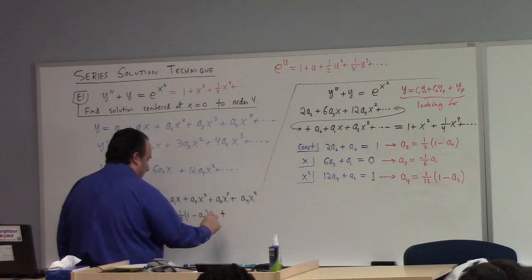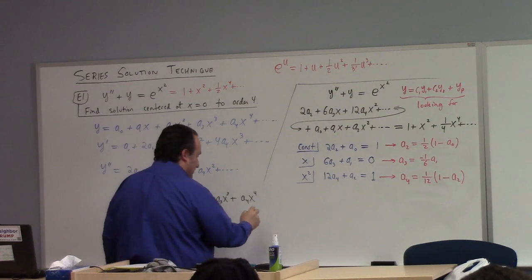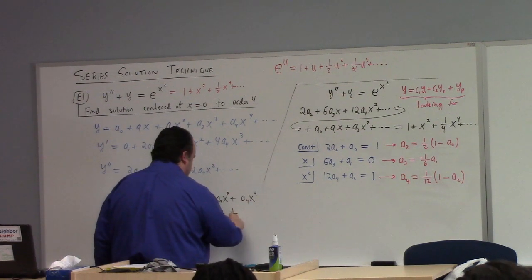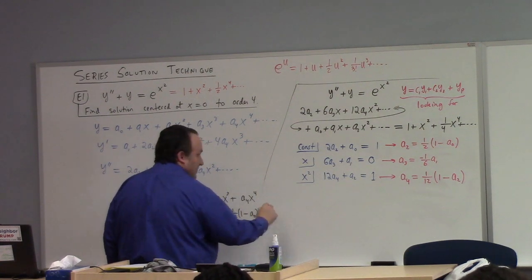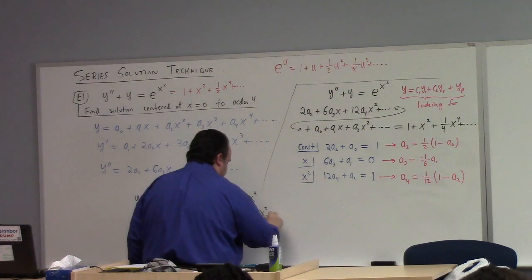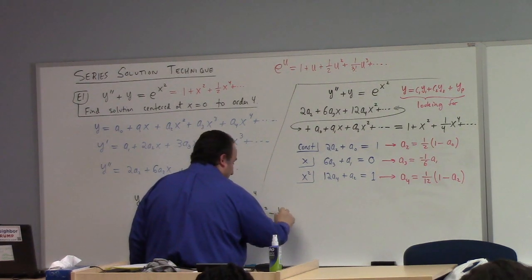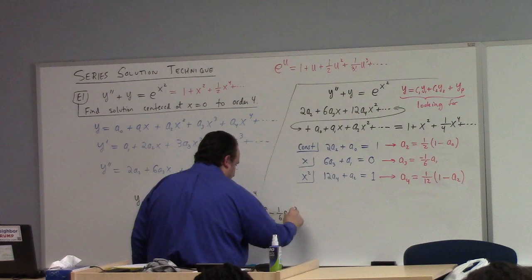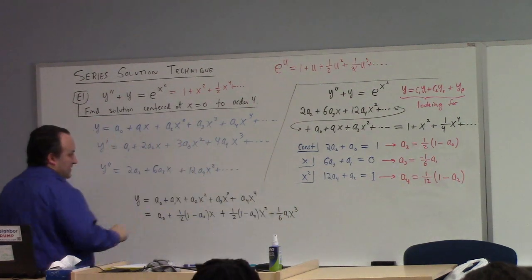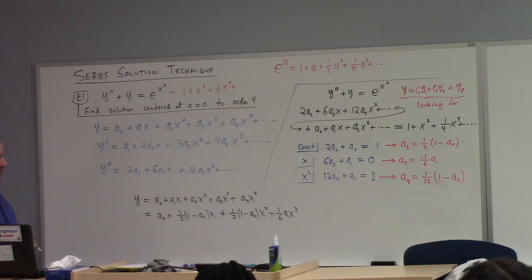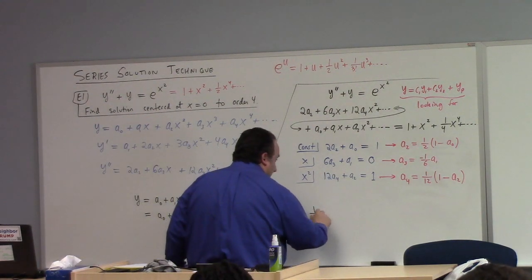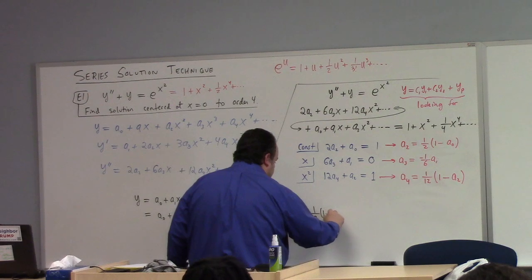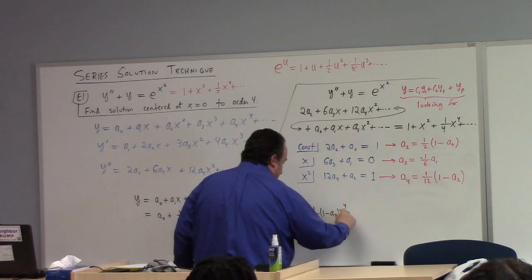And then I've got my a2, which was 1/2 times 1 minus a sub 0 x squared. Then my a3 was minus 1/6 a1 times x cubed. I'm just substituting in the red equations into the general format here. a4 is plus 1/12 of 1 minus a2 times x to the power 4, and then it goes on.